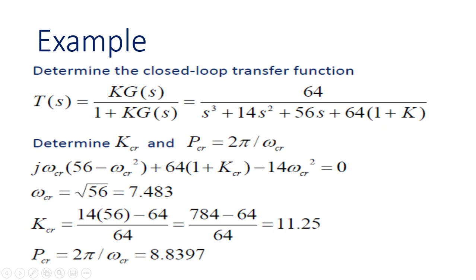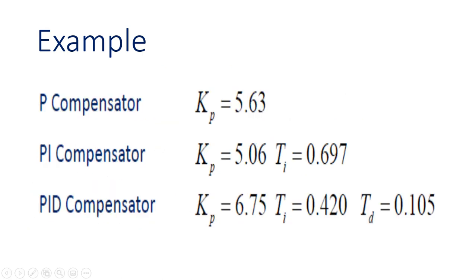When you solve it, it becomes 11.25. Now similarly for PCR, PCR is equal to 2 pi by omega CR. Omega CR we already calculated, that is 7.483, and when you plug in the values, it becomes 8.8397.